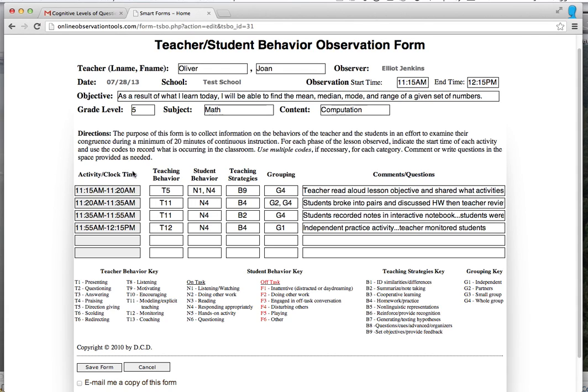And by that I mean, when you take a look at the activity column here, what it allows the observer to do is record specific moments and information that's taking place within a given portion of the lesson. So for here, from 11:15 to 11:20, the observer recorded that the teacher read aloud the lesson objective and shared what activities would be taking place during today's lesson.